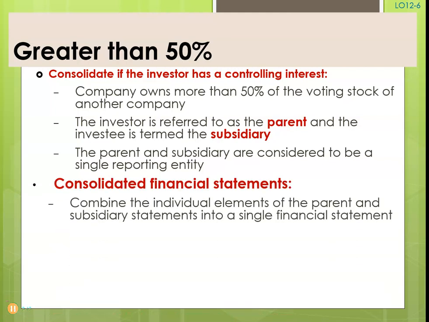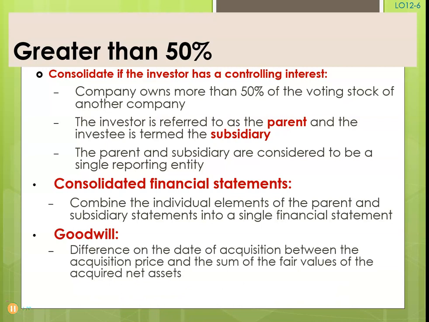Consolidated financials, we combine the individual elements of the parent and the subsidiary statements into a single financial statement. And in these kinds of transactions, we can generate what we call goodwill. And this is at the time we buy the stock. Goodwill is defined as the difference on the date of the acquisition between the acquisition price and the sum of the fair value of the acquired net assets.